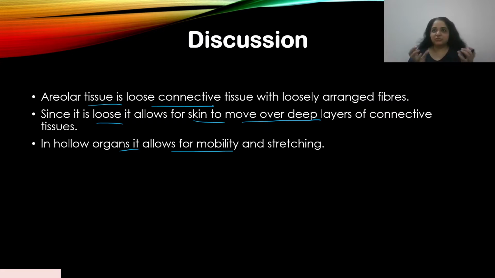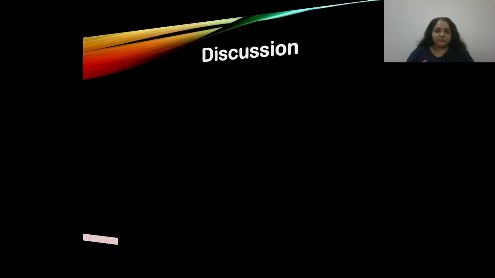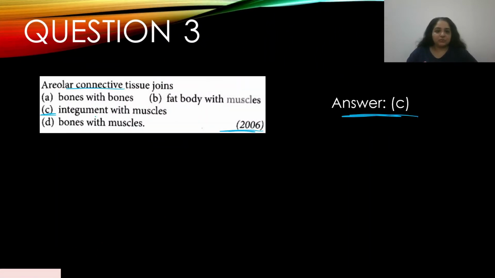Dense connective tissues are very thick and very fibrous, but this loose connective tissue has loosely arranged fibers, so they allow this movement to happen easily. So as per the question, areolar connective tissue joins integument with muscles. It easily connects the integument, that's your skin part, with the muscle layer beneath.